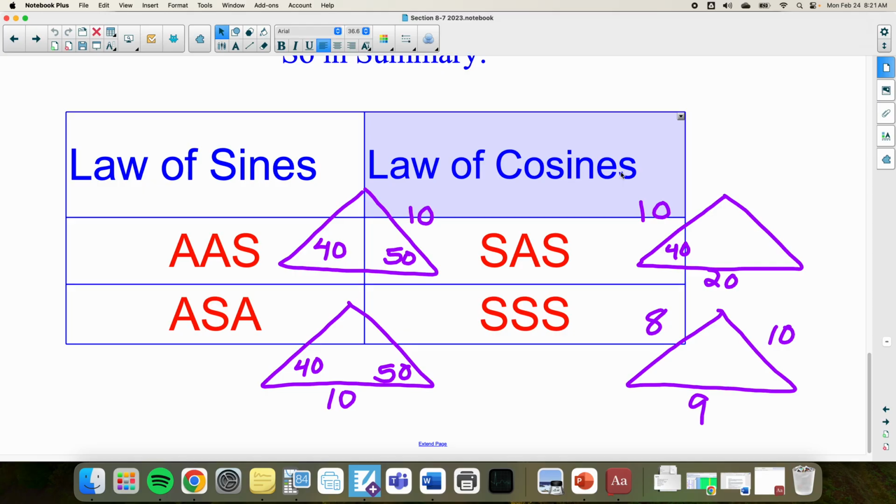We have to say which law we would start with, and our answer would be either law of sines or law of cosines. How you decide is in what you're given. So again, if you're given 2 angles, you're going to start with law of sines. For law of cosines, and this chart is on your cheat sheet, if you're ever given 2 sides or 3 sides, you go to cosines.